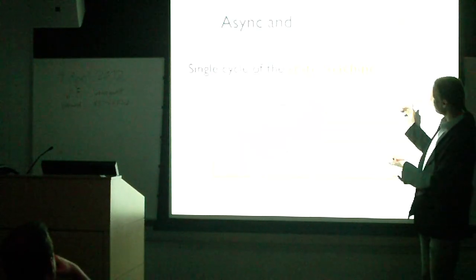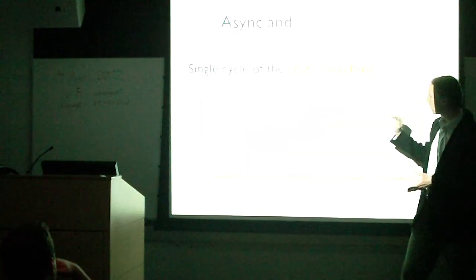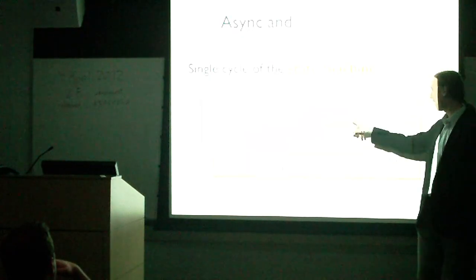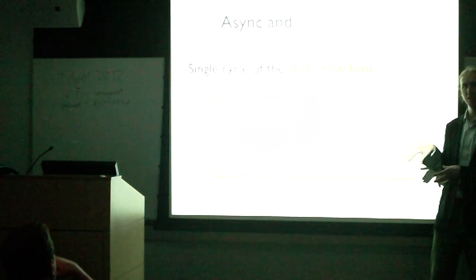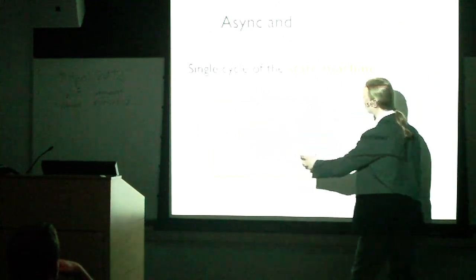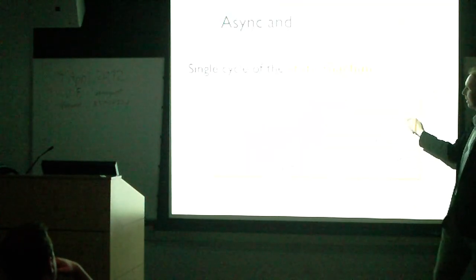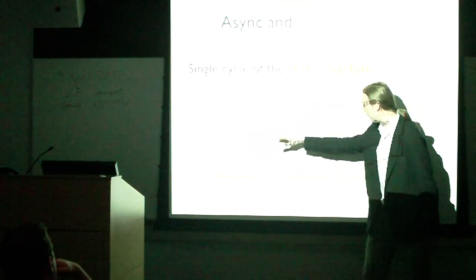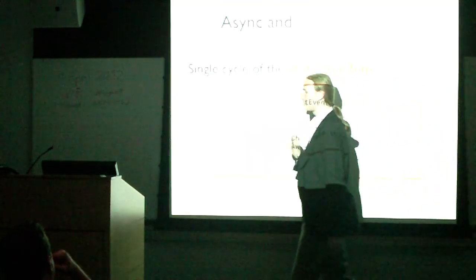But in F#, you can use this style because this is actually running by registering an event handler with this. And the F# compiler does some clever transformation to take the rest of the code and move it into the event handler. And in the event handler, it will do this action and then set up another event handler.